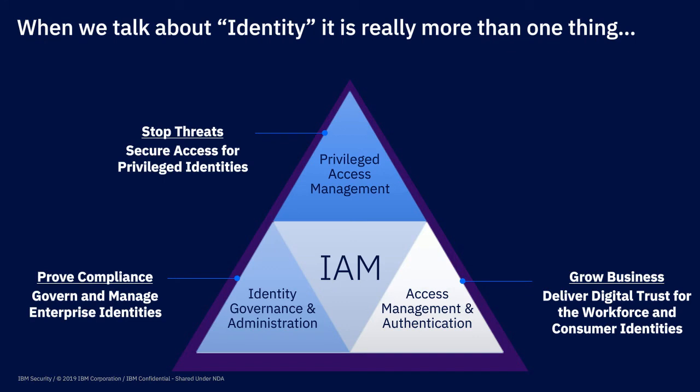Organizations need to use relevant technologies and strategies to support their journey. And here at IBM, we see a holistic IAM program encompassing privileged identities, governance and administration, access management and authentication. So an effective IAM program really incorporates all of these in the right way.